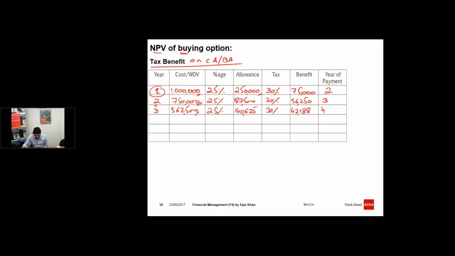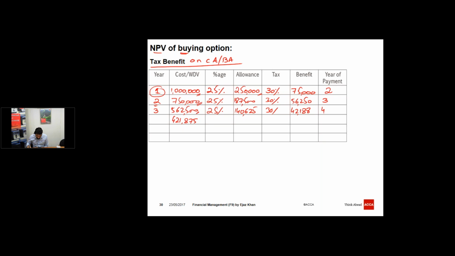Now, by the end of the 3rd year, we were allowed a further $140,625 of capital allowance. And we are left with 421,875 of unclaimed cost of asset. Since this is the last year and we don't have any further years to claim the capital allowance, we have to claim the rest of the unclaimed cost of asset in the 4th year.